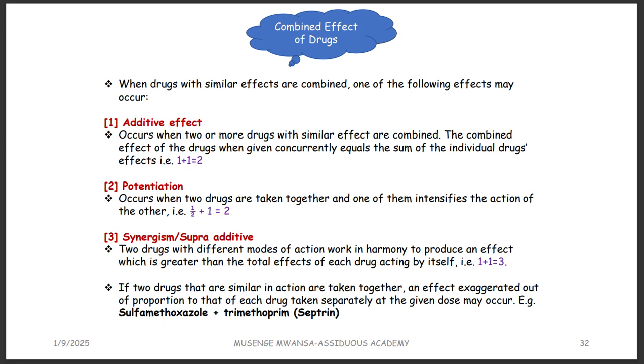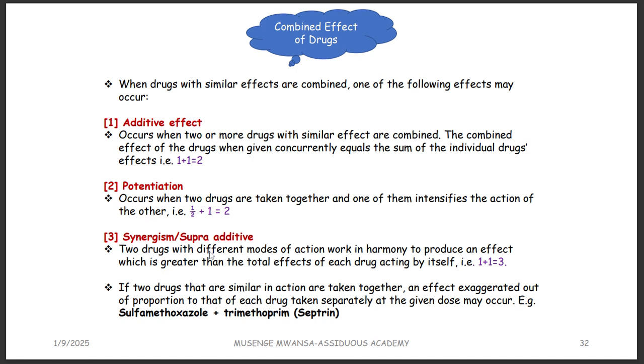So it intensifies, it makes the action better. That is potentiation. Mathematically represented, half plus 1 is equal to 2. You can see this is mathematically wrong, but pharmacologically true. Drug A potentiates the other drug.